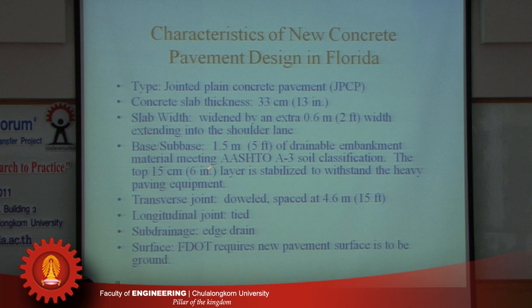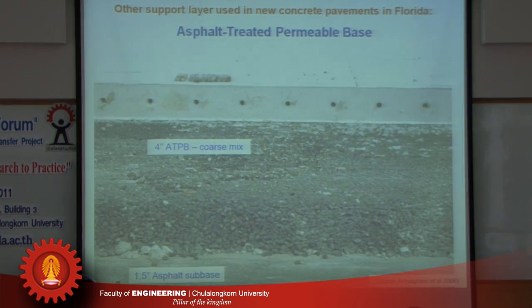And if it's made of a soil, it needs to be stabilized at the top so that it can withstand the heavy paving equipment. The transverse joints are dowel. Spacing is 4.6 meter.